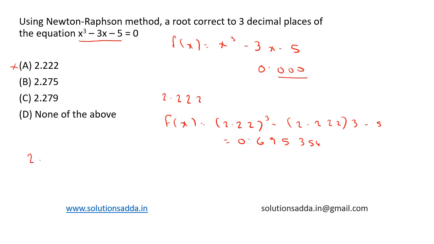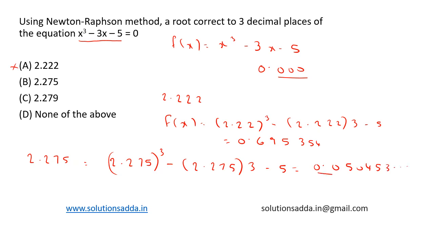Let's put 2.275. Here we will have 2.275 to the power of 3 minus 2.275 into 3 minus 5. We will get 0.050453. This is also not coming in the form 0.000. Let's put option C, 2.279.